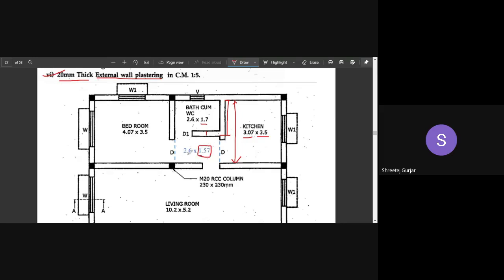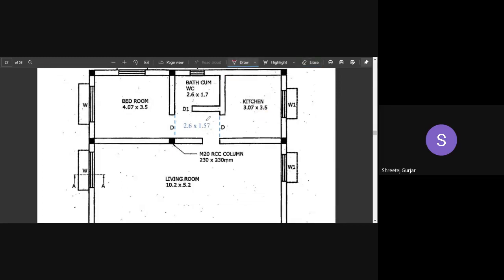That is how I have calculated this passage section in terms of distance, which will be needed later in the calculation. In the exam, if you get a similar numerical, you can just do this part. Now let us look into the living room.